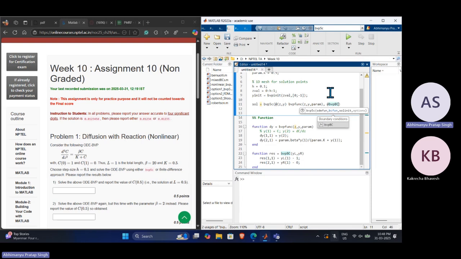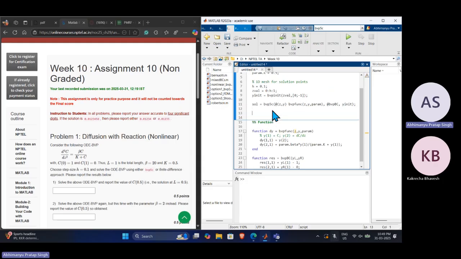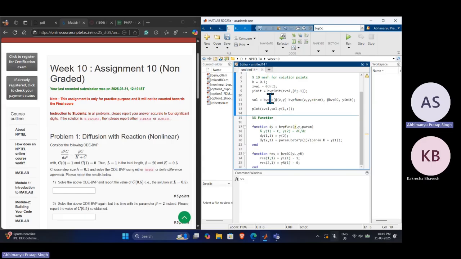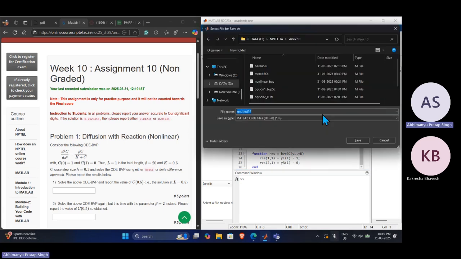Next we need the initial conditions, right? So that is we have already made that, BVP init. Yeah, that should be good enough. Next we will just plot it to see the solution. So zval comma solve y first one.